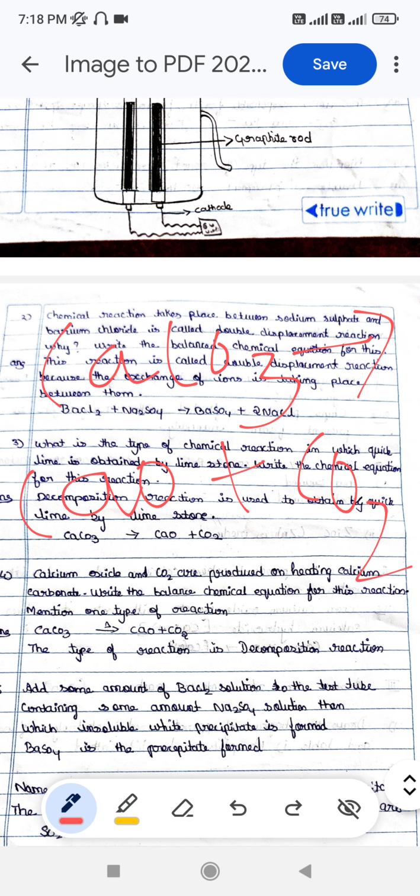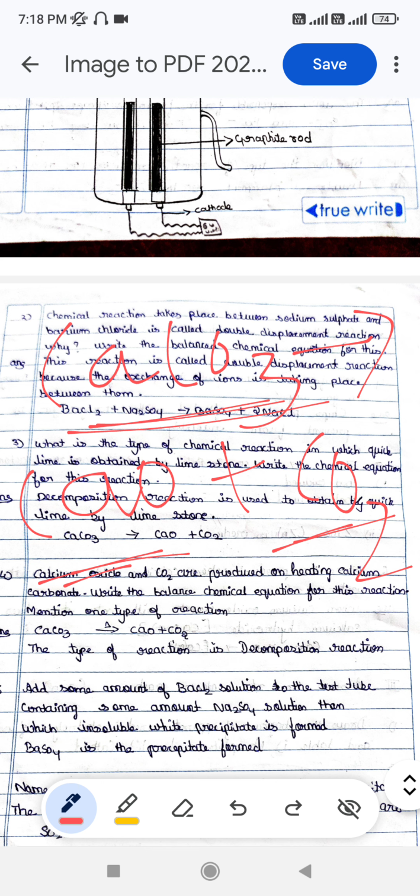So which kind of reaction is it? It is a decomposition reaction. Why? Because calcium carbonate is breaking down into two simpler products. What is a decomposition reaction? A reaction in which the reactant breaks down to give two or more simple products. This is the answer for that second question.